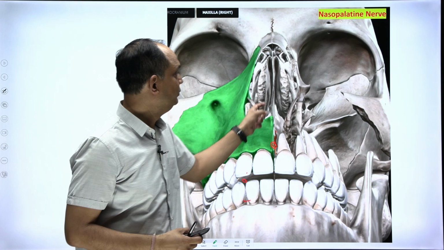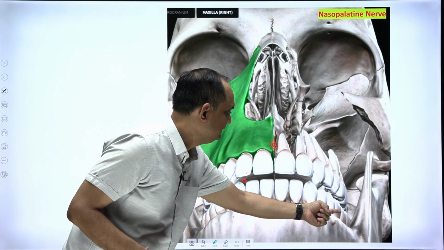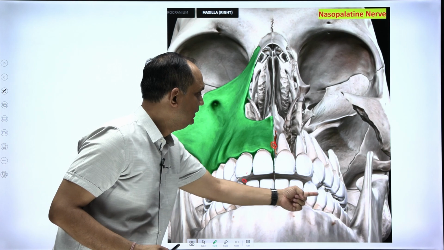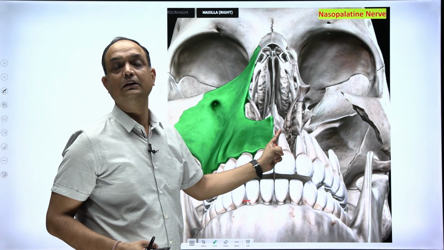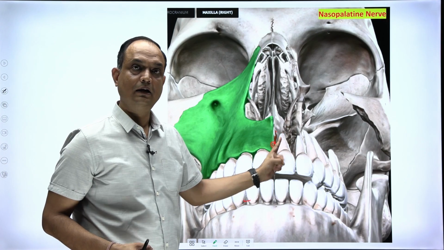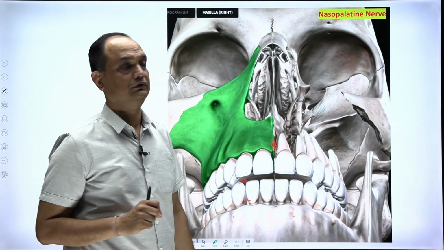So this is the course of the nasopalatine nerve. In the same way, from the lower side you will find the greater palatine groove. In that you have the greater palatine artery, and the artery enters in the retrograde direction. Clear? So this is the important thing about the incisive fossa.